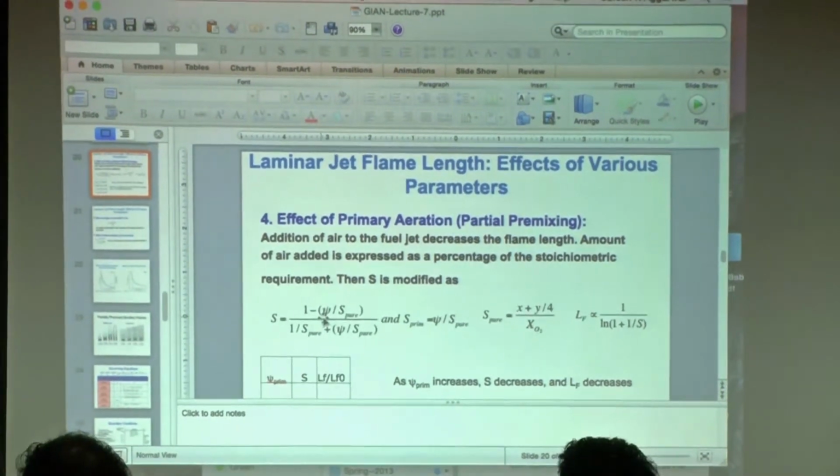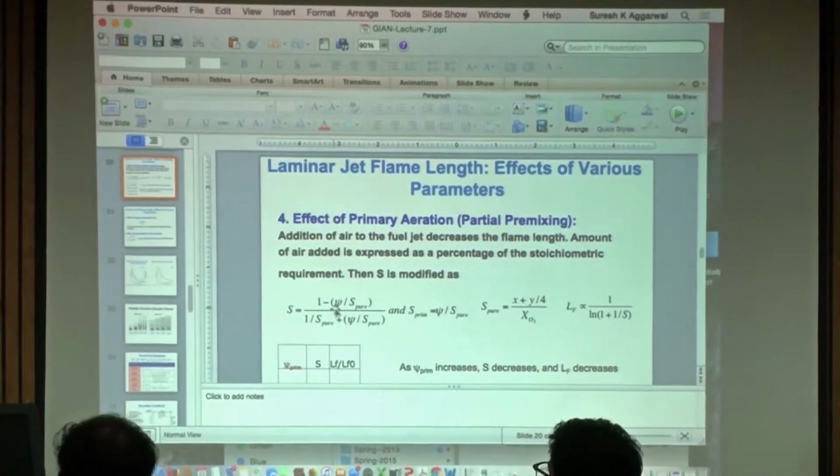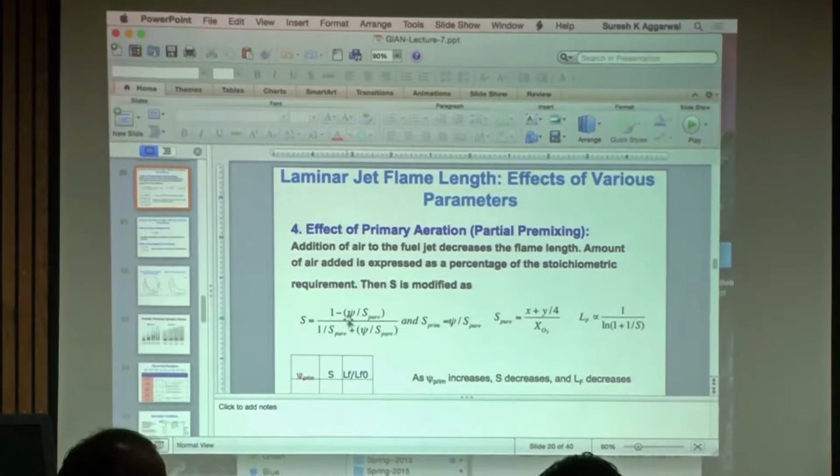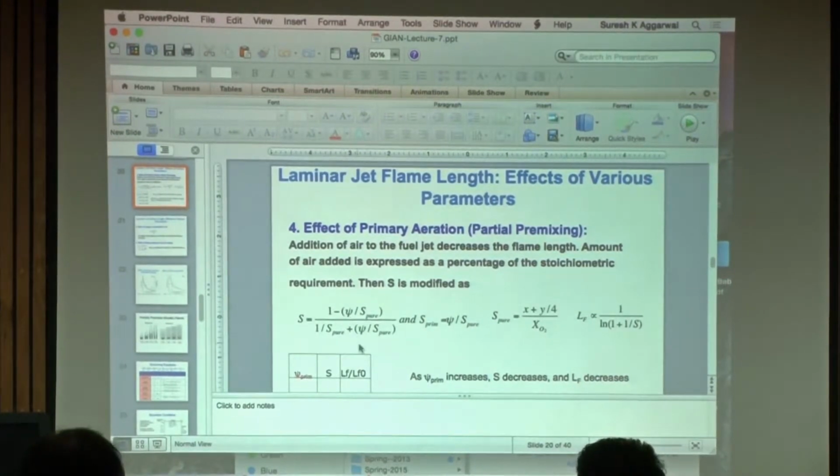Can anybody write down that expression, because I cannot see both of them. What was in the book? Just 1 minus psi. So actually there is no S pure here, it is just 1 minus psi. This is correct, and there is no S pure here, right?